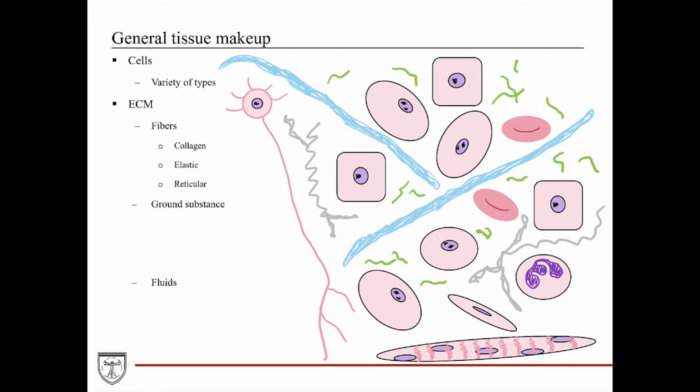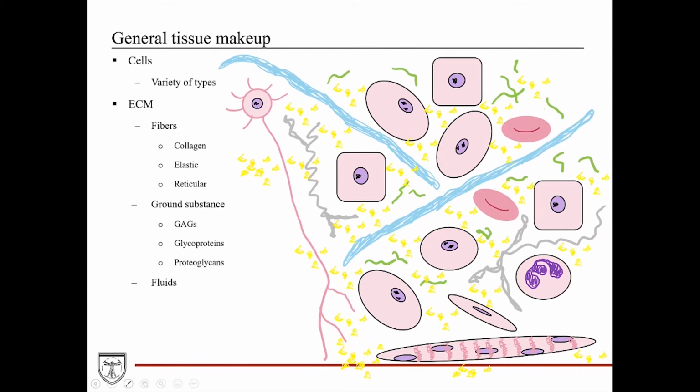Even after displaying these fibers, you will note that there are a lot of empty spaces still left behind between the cells and the fibers. These are not empty still, they're filled with the ground substance. The ground substance, there are three different types again. There are glycosaminoglycans or GAGs, glycoproteins, and proteoglycans.